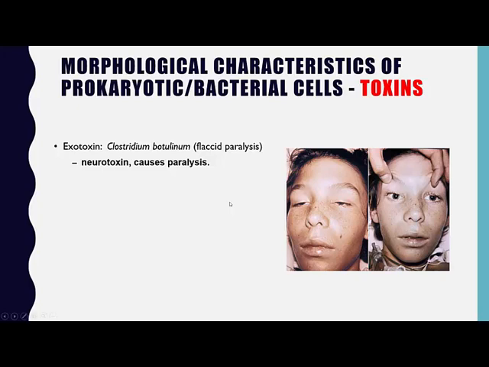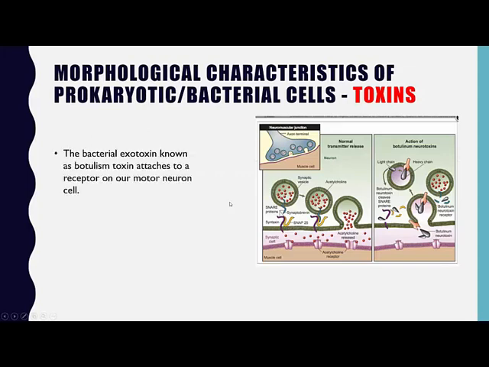Some other toxins, exotoxins. Clostridium botulinum, for example, releases an exotoxin that causes flaccid paralysis. Now, the exotoxin is a neurotoxin. That means it attaches to a nerve cell, causing paralysis. So here's what we know.